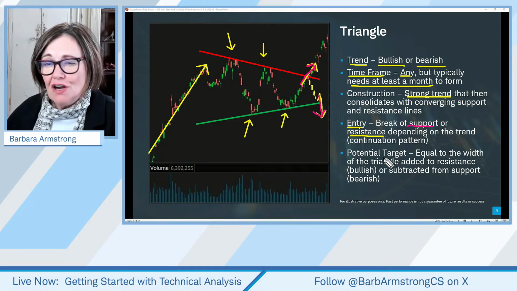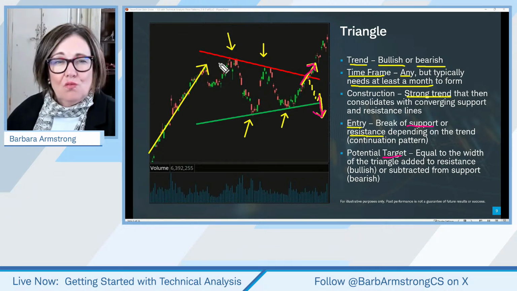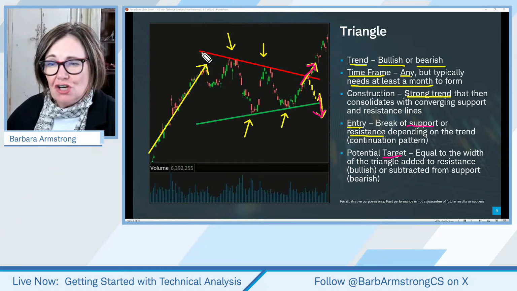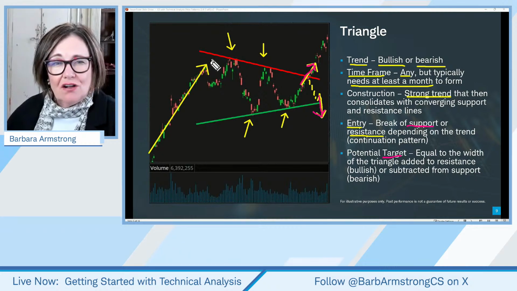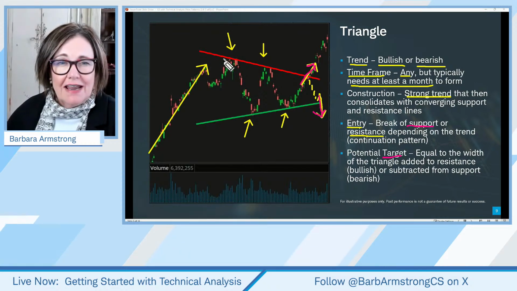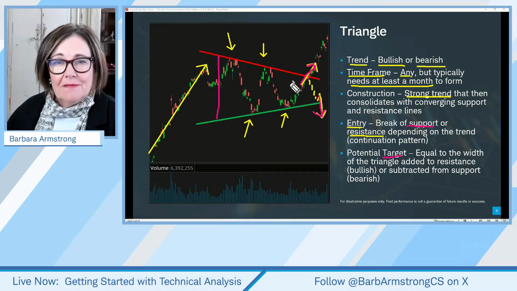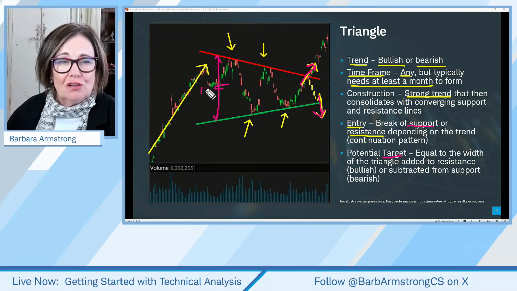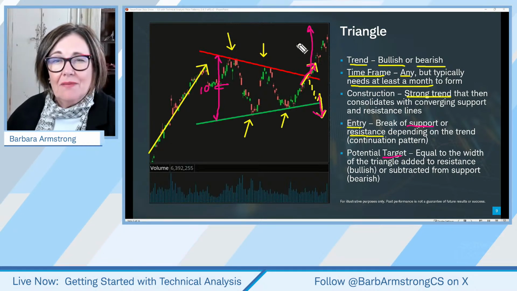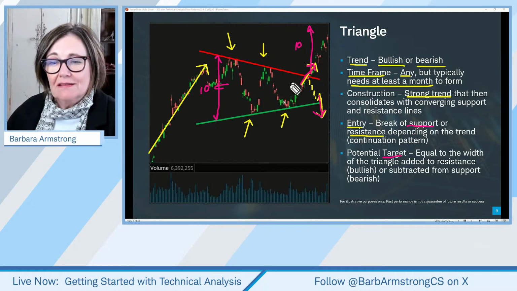Okay, and the target would be if we measure the width of the triangle. So if we say, here's our triangle, we're going to measure from here to here. When this breaks to the upside, however long this is, let's say it's $10 wide, we'd expect about a $10 move to the upside.